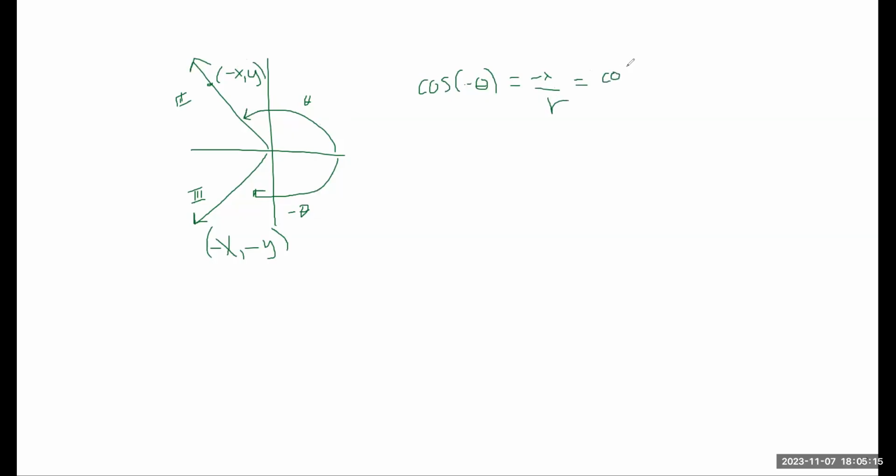However, the sine of this angle going down is negative y over r. And the sine of the angle going up, see the sine of this angle? That's y over r. Those are not the same. Those are opposites of each other.